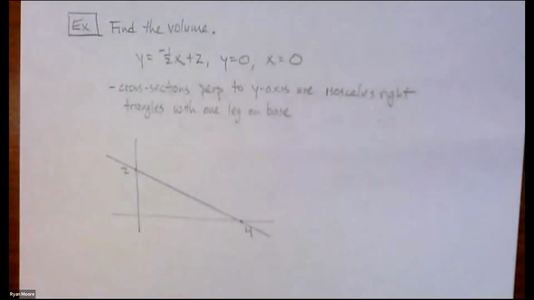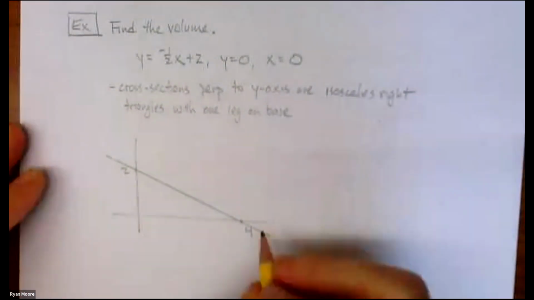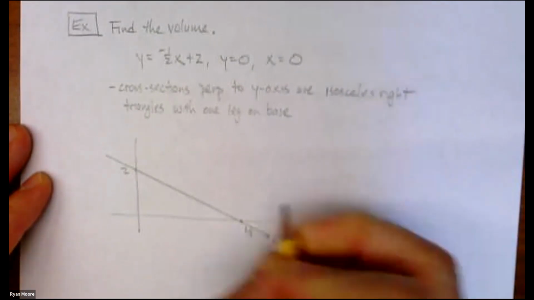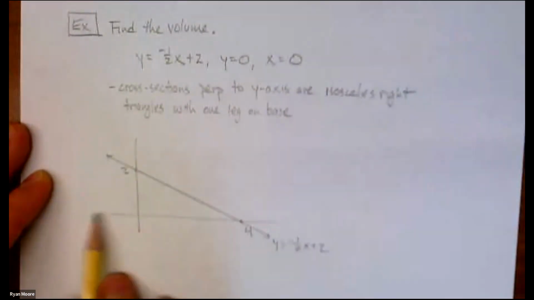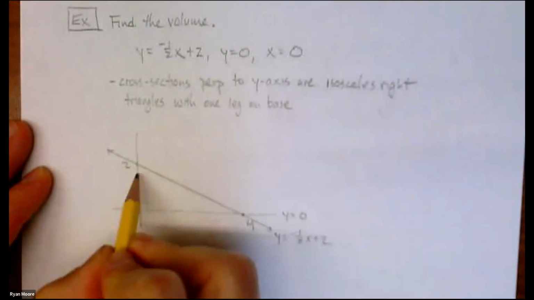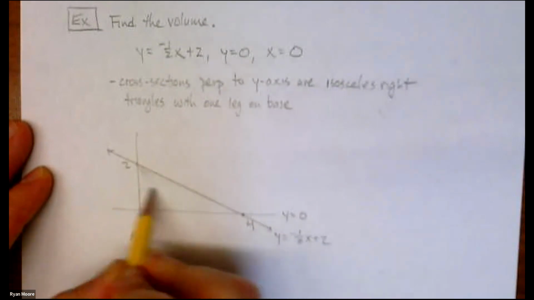There's our line, y equals -1/2 x plus 2. And then we also have y equals 0 and x equals 0. So the region is this triangle.